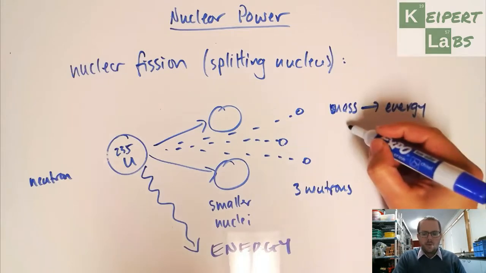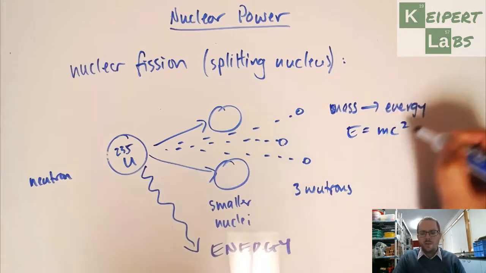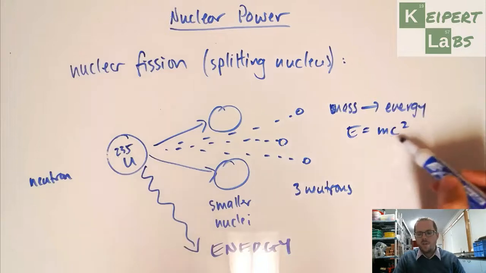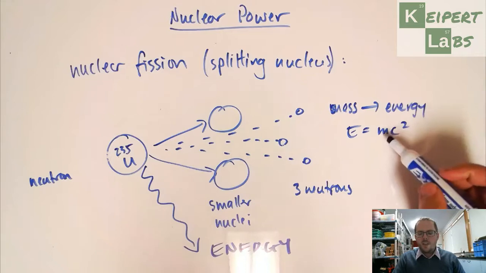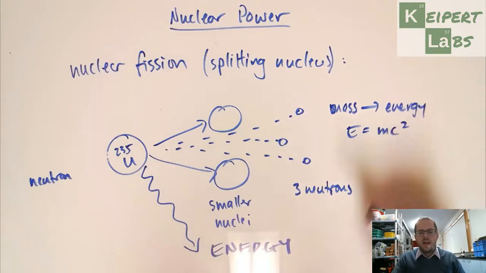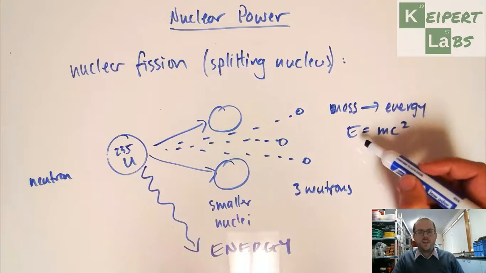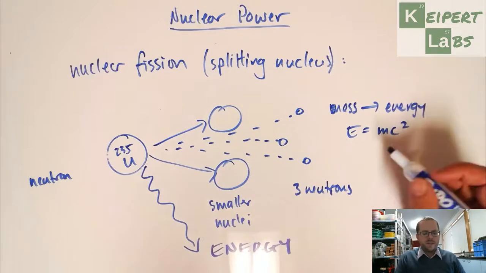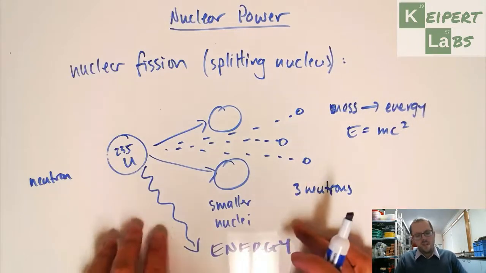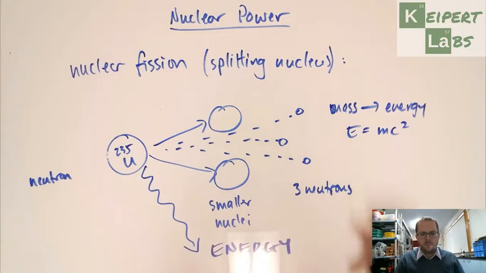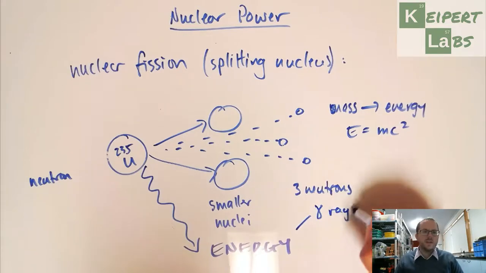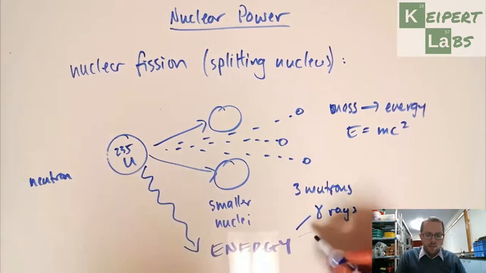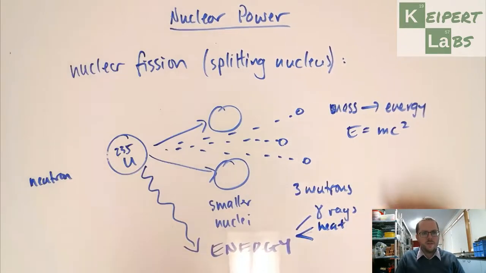When we look at E equals mc squared, which is energy is equal to the mass times the square of the speed of light, which is a very, very large number, a tiny fraction of mass can produce an intense amount of energy if it's converted this way. And so this energy has to be given off in some form. Okay, so that can be given off in the form of gamma rays, but also in the form of heat or thermal energy and light.